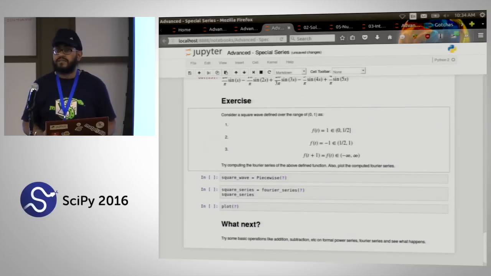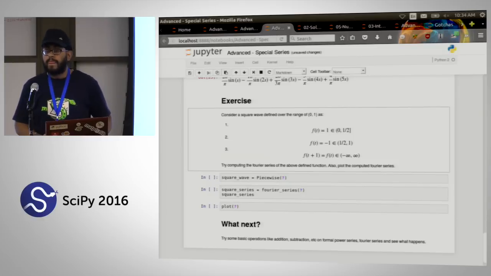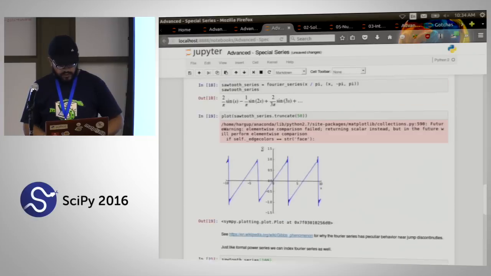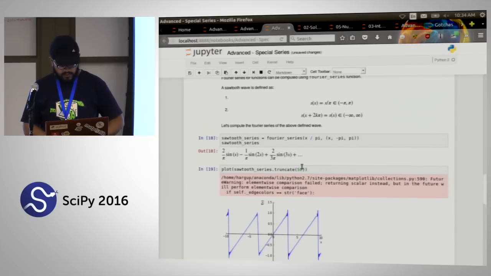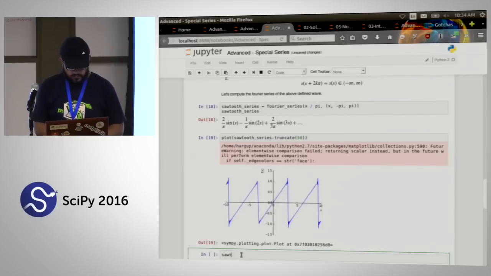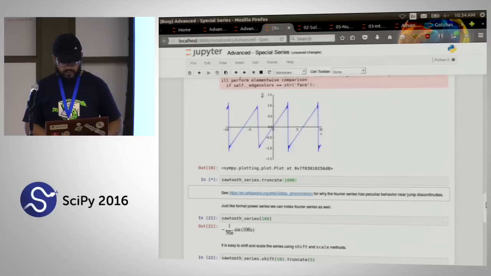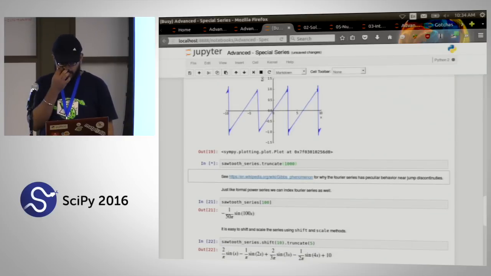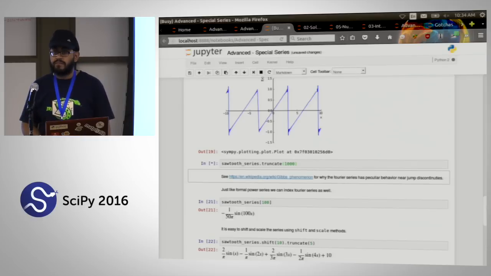Let's do a small, yes. You tried the truncate example on the sawtooth series with 1,000. That should work. Actually, what this will do is it will generate an Add object, SymPy's Add object.